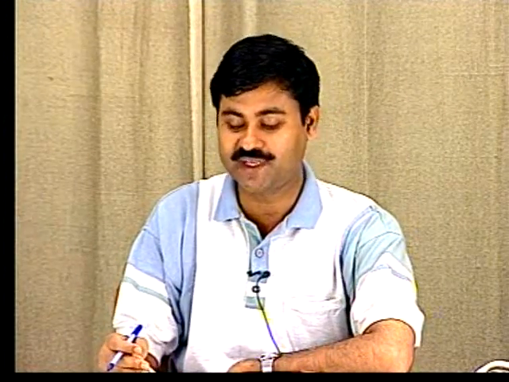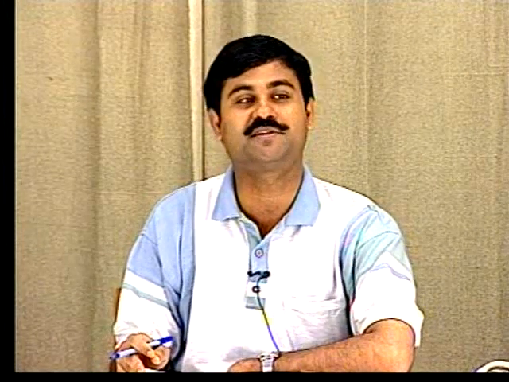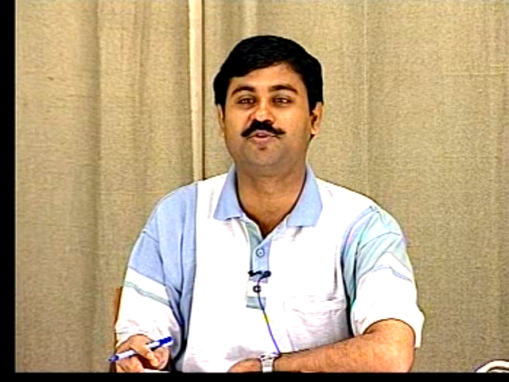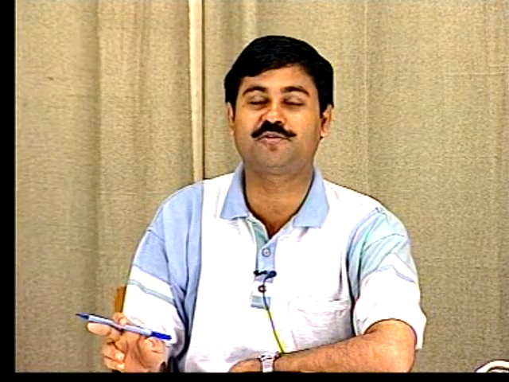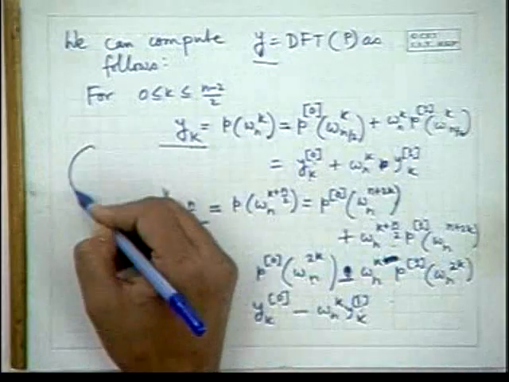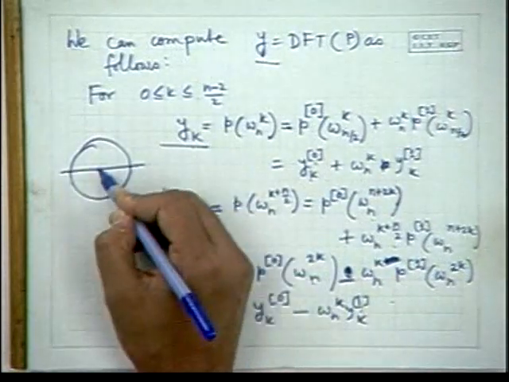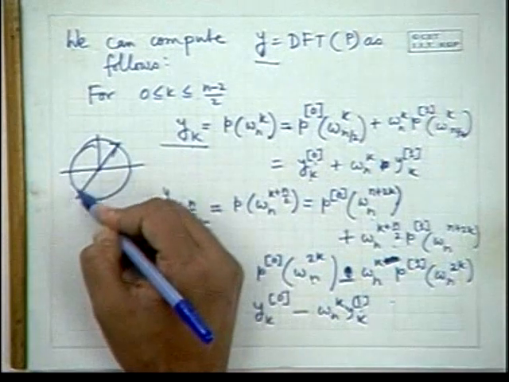That's the saving here. And this is happening, if you think a little bit, because of the symmetry of the roots of unity, because one root is just on the opposite side. If you represent the roots of unity, it looks like this. If you draw the circle, if you draw the vector, it points in the opposite direction.